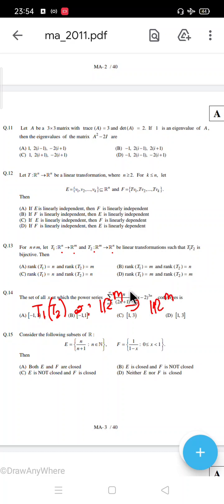Okay. So if they are saying this is bijective, that means what can you say about the rank of T1 and the rank of T2?